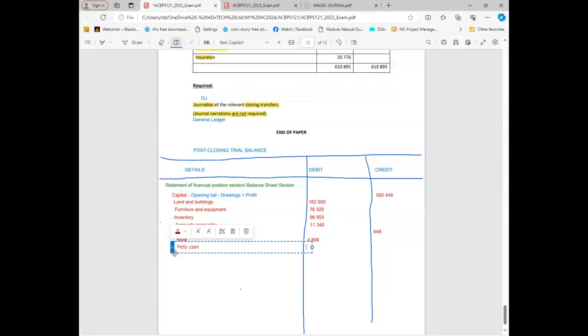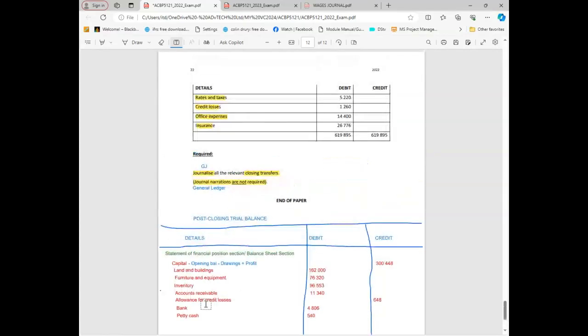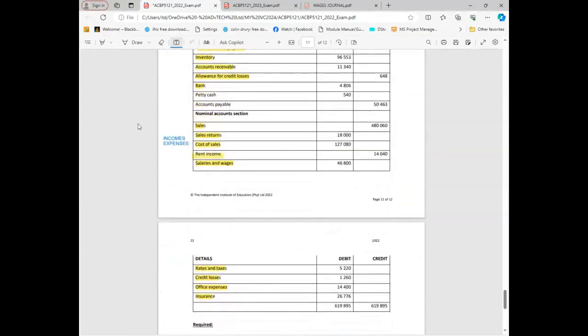Petty cash is 540 on the debit side. Thank you. Accounts payables.